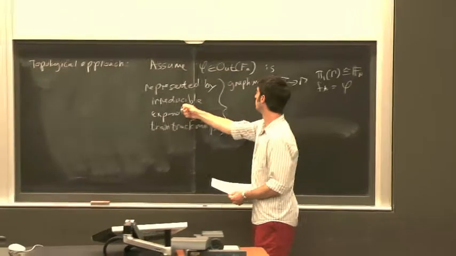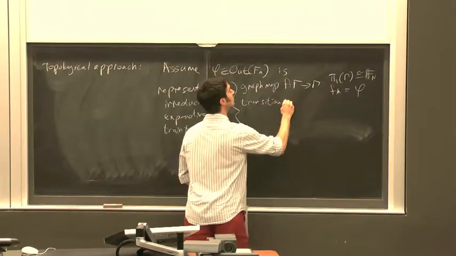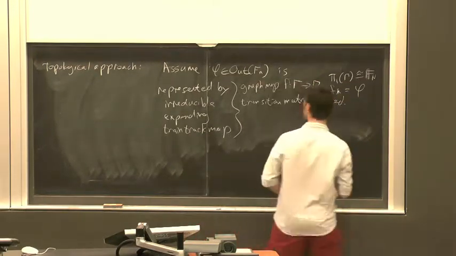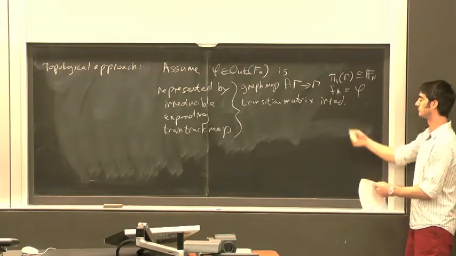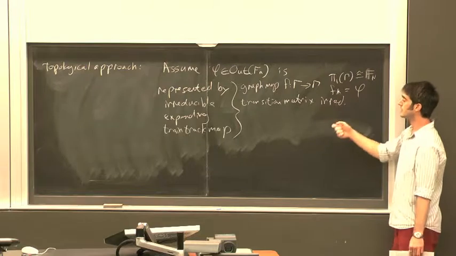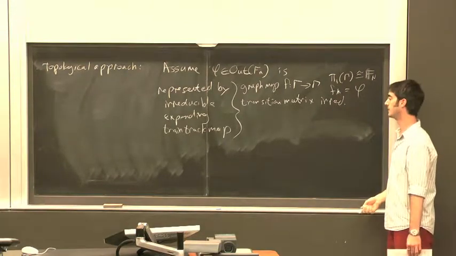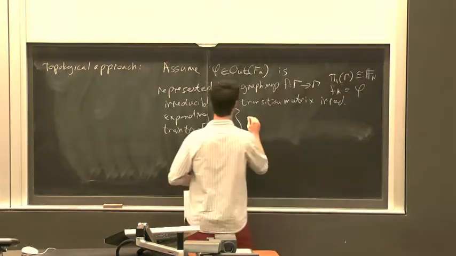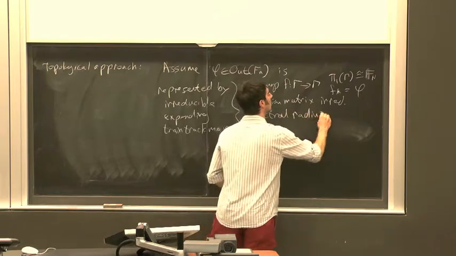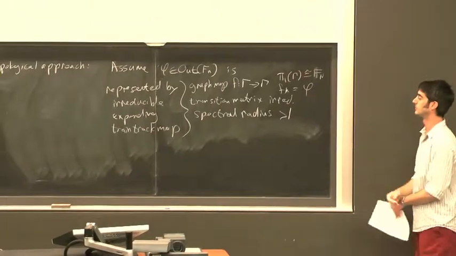To say it's irreducible just means that the transition matrix is irreducible. The transition matrix just records which edges get mapped over which other edges. So irreducible means for any coordinate in the matrix, there's some power where it becomes non-zero. That's all. Expanding just means that the spectral radius of that transition matrix is bigger than 1. So they actually have some exponential growth going on.